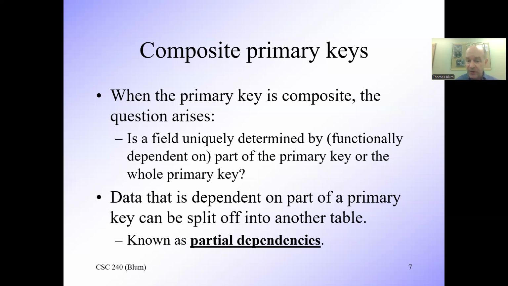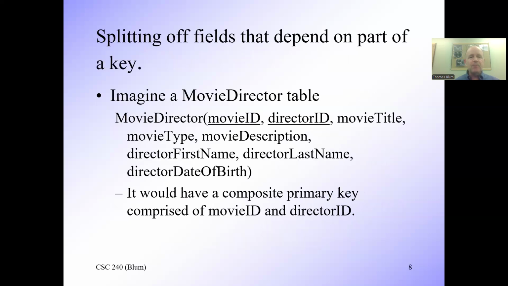And if we have a composite key, we can start to ask about partial dependencies. Everything depends on the primary key, but are there things that depend only on part of the primary key? Do we have any partial dependencies?